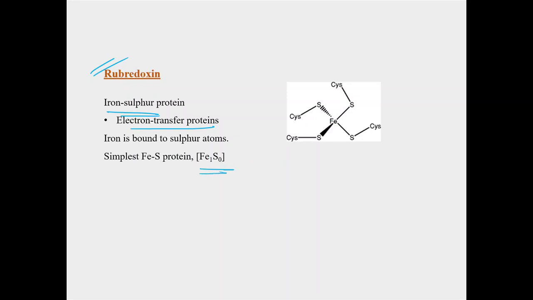Why Fe1S0? Because we also have another iron sulfur protein, which is ferredoxin. Ferredoxin consists of two types of sulfur. One is the sulfur from the cysteine group, cysteine sulfur, and another is inorganic sulfur. They are present as a bridging moiety between these two irons.